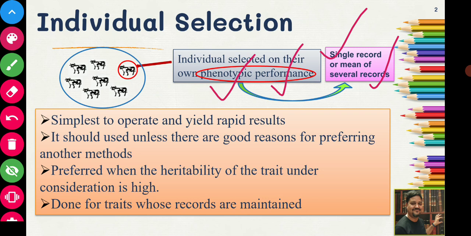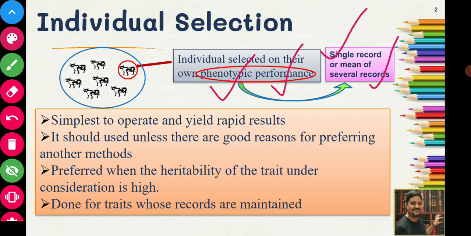We find the average of all the records of a particular cow, that is the mean of several records, or you can simply select on the basis of a single record. Either way, you determine the phenotypic performance of the individual, and it depends on you how you determine it.